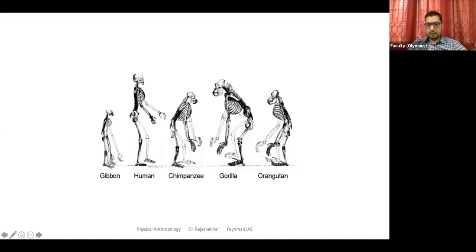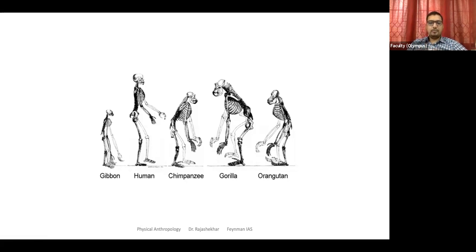You also see orangutans. Why do they have such long arms? Because they are quadrupedal. They walk on four feet, so they can easily touch the ground with long arms, which is not the case for humans. We don't need such long arms. We have shorter arms and longer legs.